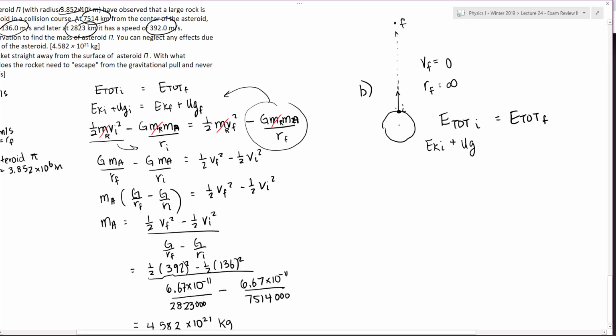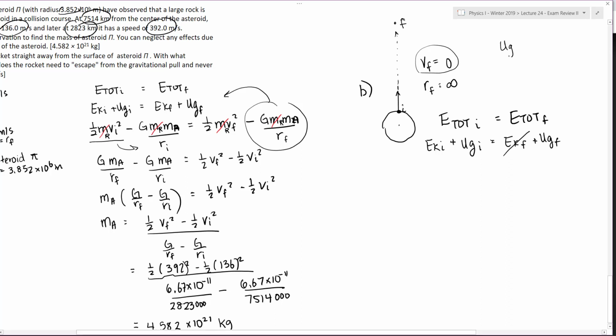So on the surface of the asteroid, you do have gravitational potential energy. In the end, when you reach that infinitely far away position, your velocity is 0, so your kinetic energy is 0. And your gravitational potential energy is also 0, because the reference position where it is 0 is when you're infinitely far away.